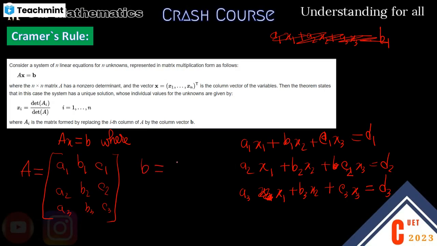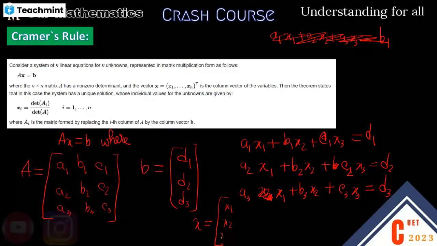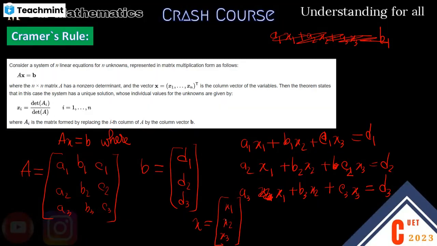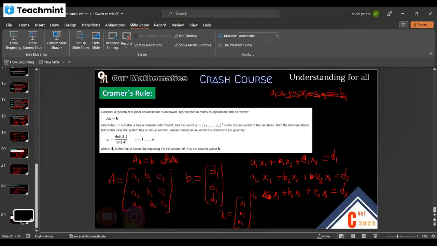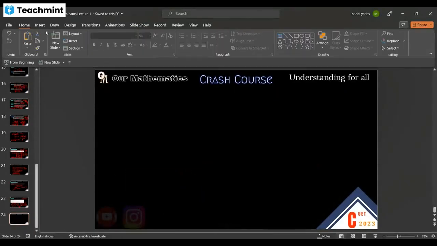B is the matrix of constants, d1, d2, d3. X is x1, x2, x3. It is nothing but the matrix of variables. Okay.